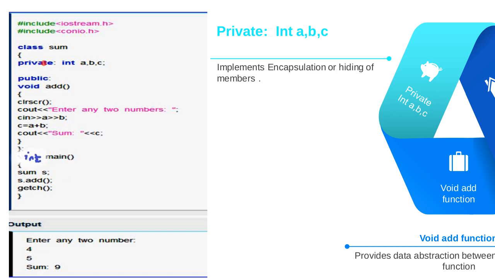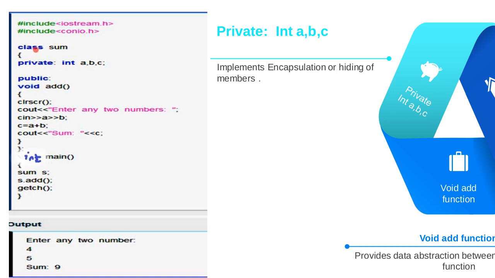Now, look here. I want you to understand what we mean by encapsulation. We have said in our statement, when we declare data members or class variables or class members as private.